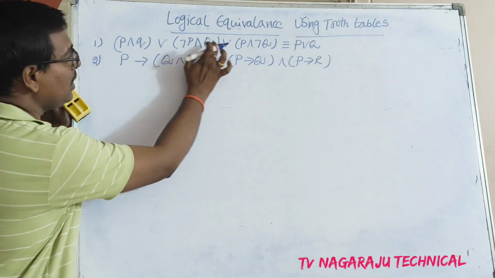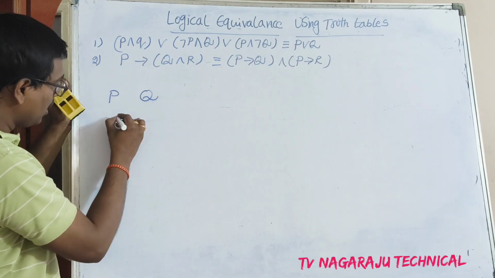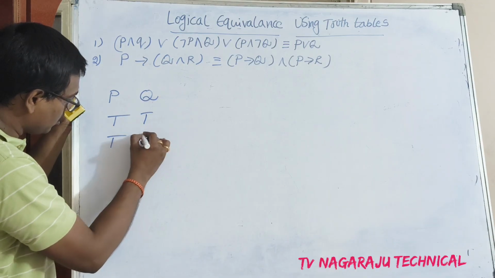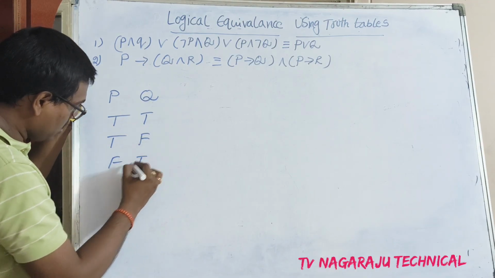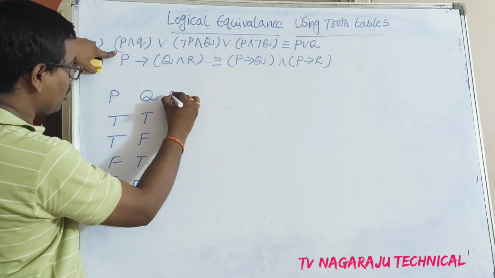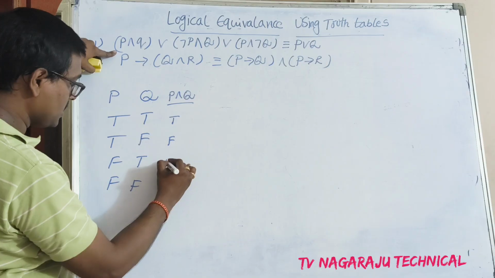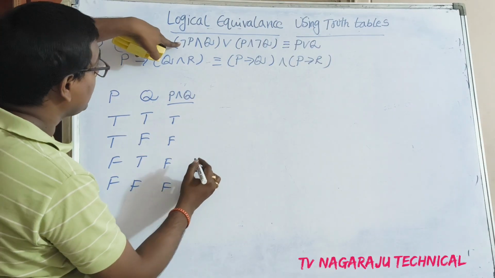Consider here only two letters, P and Q. Write down the four cases: true true, true false, false true, false false. First, P and Q: true, false, false, false.